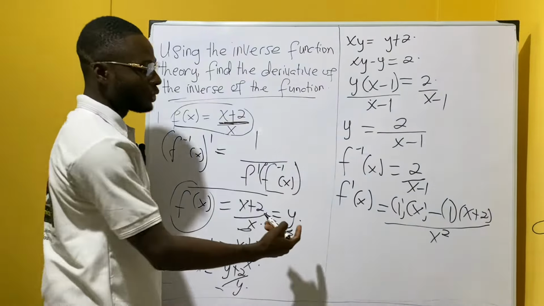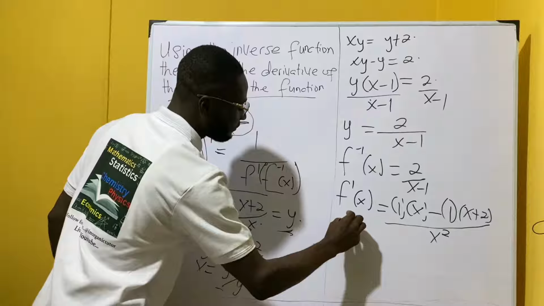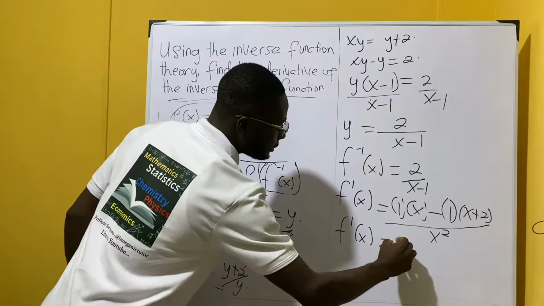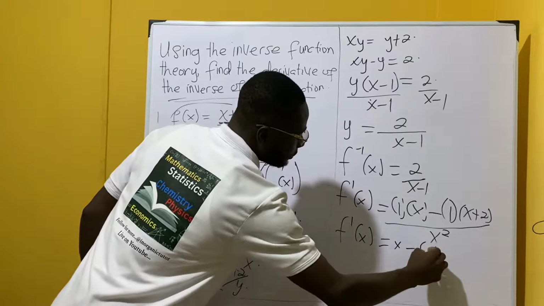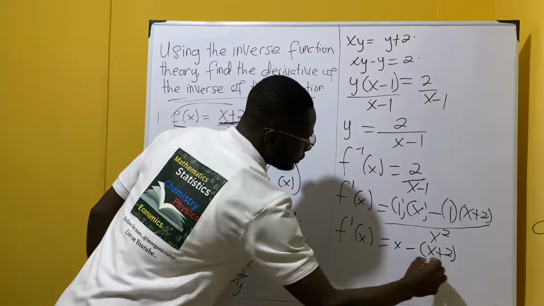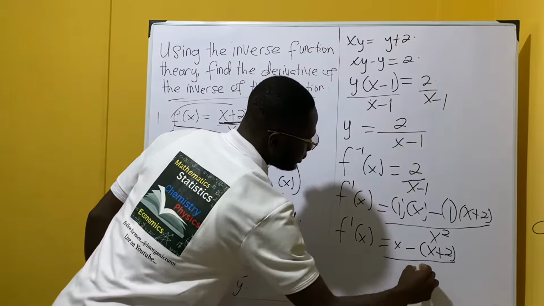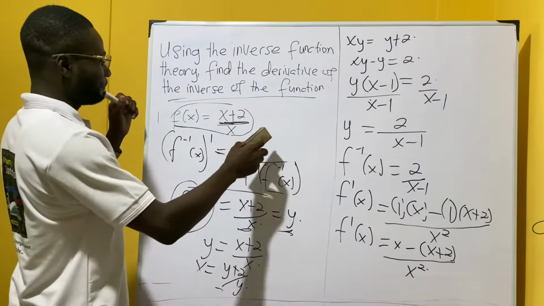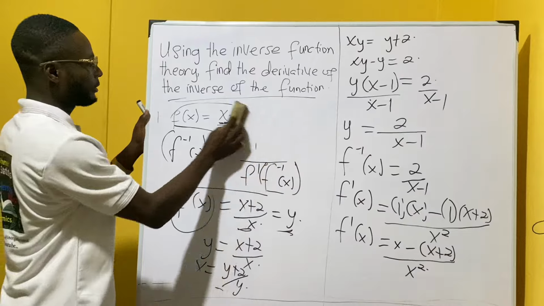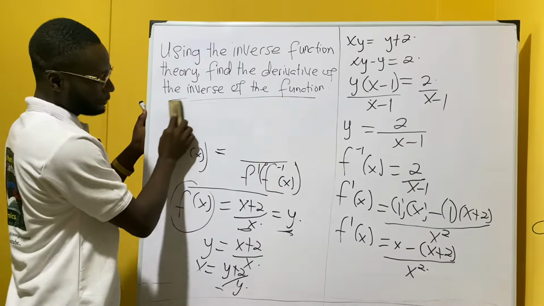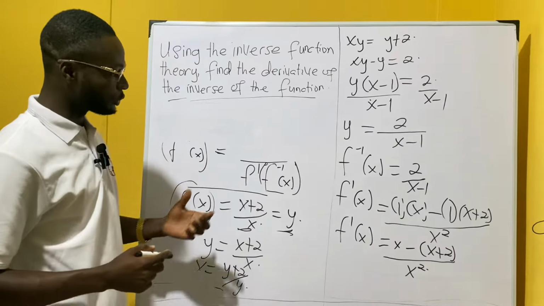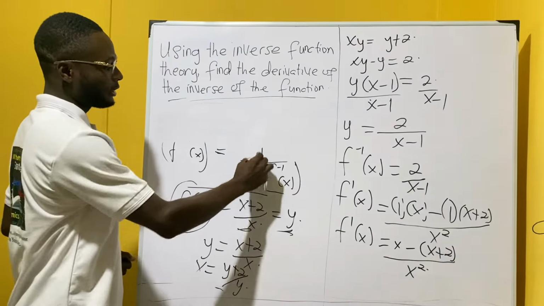If you have this, we can simplify to x minus (x plus 2) all over x squared. Now, let's come up here and maintain the formula so that we can look through it and make our analysis.